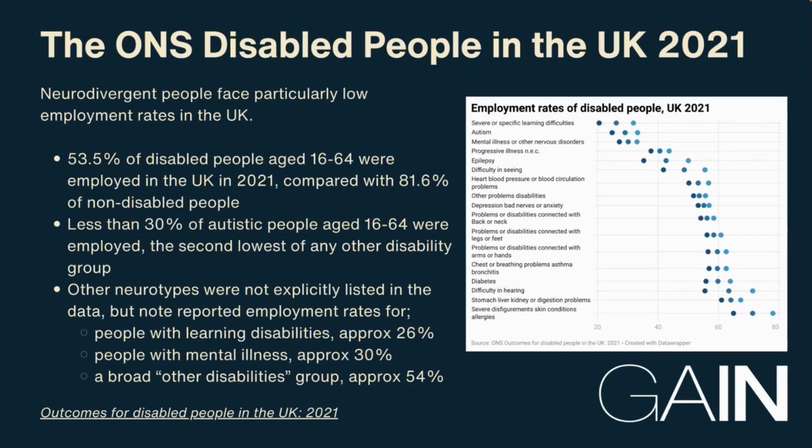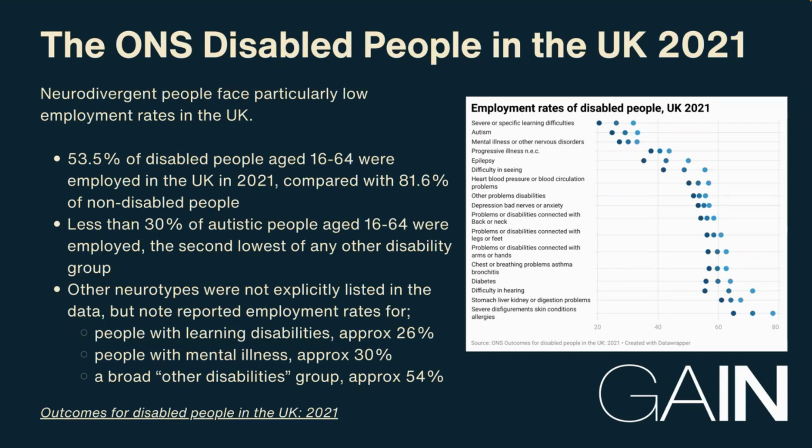In 2021, an Office of National Statistics survey looking at outcomes for disabled people in the UK found that only 53.5% of disabled people aged 16 to 24 were employed in the UK, compared with 81.6% of non-disabled people in the same age group. Less than 30% of autistic people aged 16 to 24 were employed, which is the second lowest of any disability group.